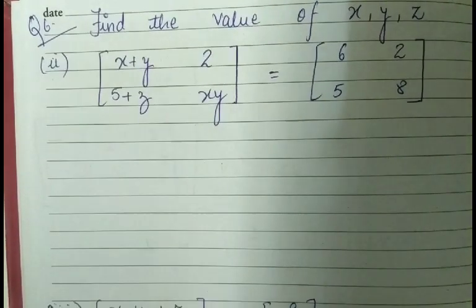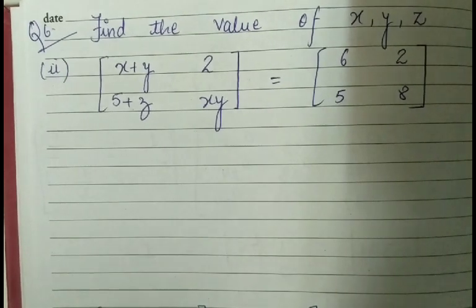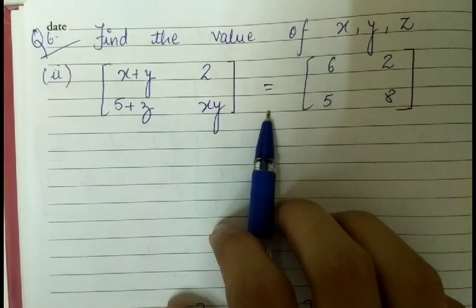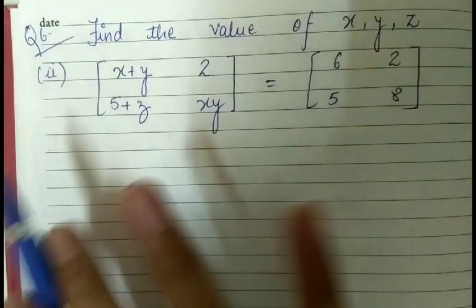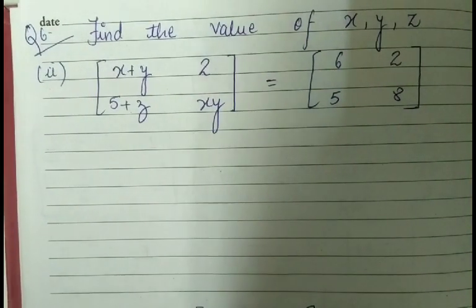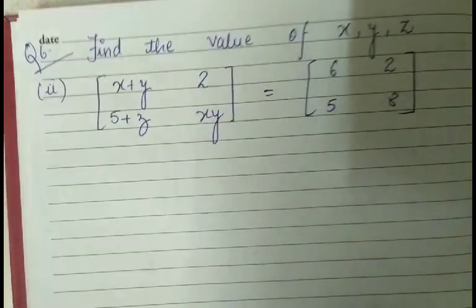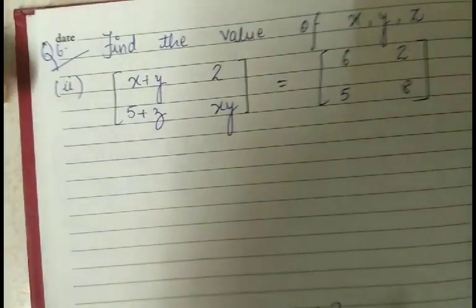Our next question is find the value of x, y and z. Here it is given an equal to sign between these two matrices, means these two are equivalent matrices. In the case of equivalent matrices, the order of both the matrices must be same and each element are equal.